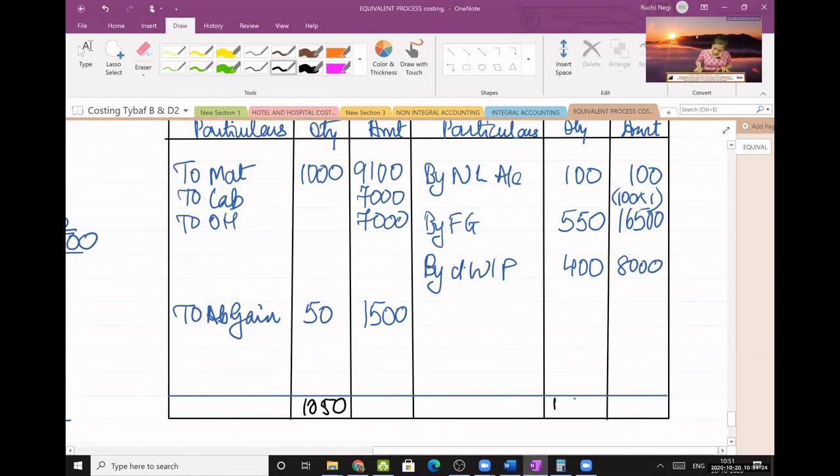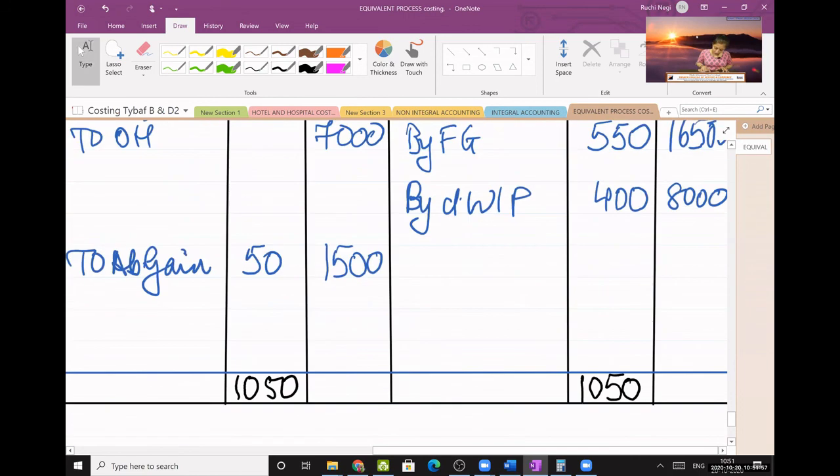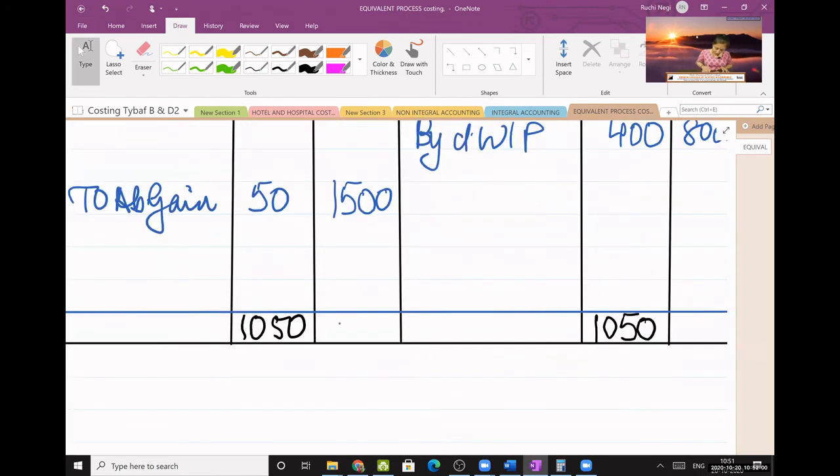And see the amount column too, it has to tally. So 9,100 plus 7,000 plus 7,000 plus 1,500. It is 24,600. See the credit side now. 100 plus 16,500 plus 8,000. Yeah, 24,600. I told you, it has to tally.